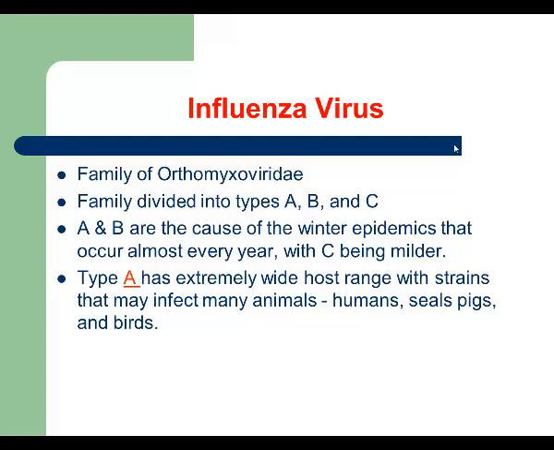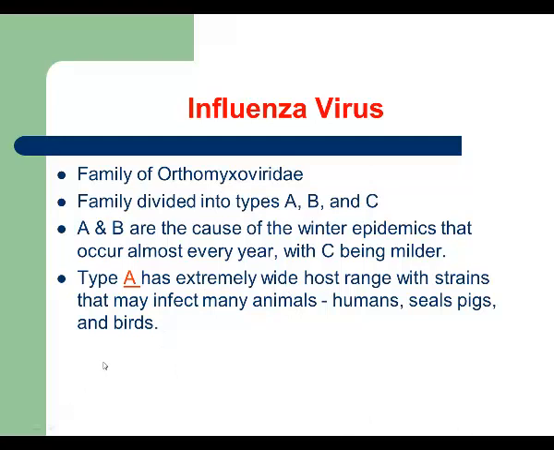Influenza virus is next. Influenza virus belongs to family of Orthomyxoviridae. You have to know three types of influenza virus: type A, type B, and type C. Type A has extremely wide host range. What does that mean?